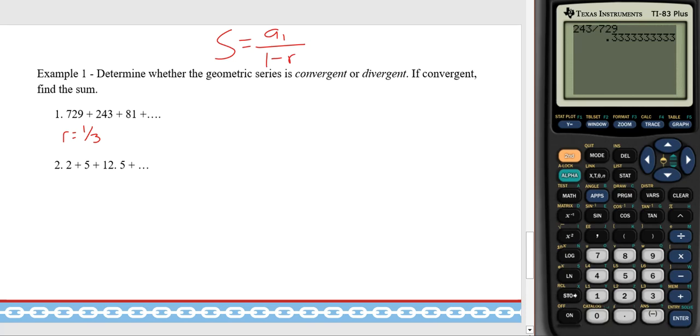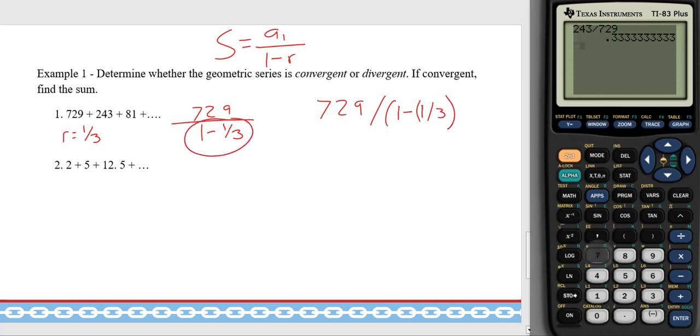So for example 1 here, I would take my first term, the 729, and I would divide it by 1 minus 1/3. Now this gets tricky to type into our graphing calculator. You could do 1 minus 1/3 in parentheses. You may be better to just mental math this part and do 729 divided by, and then 1 minus 1/3 would be 2/3.